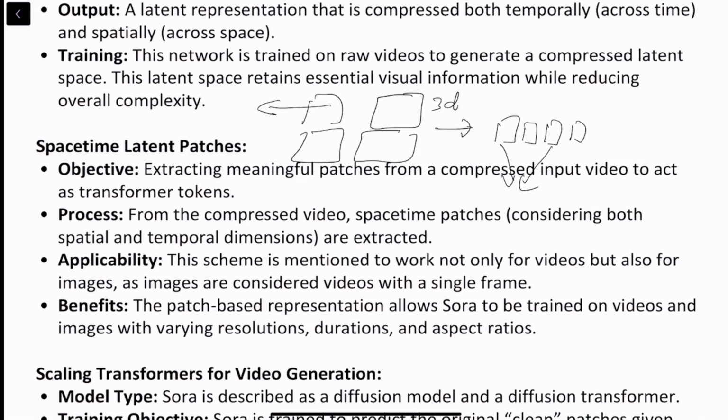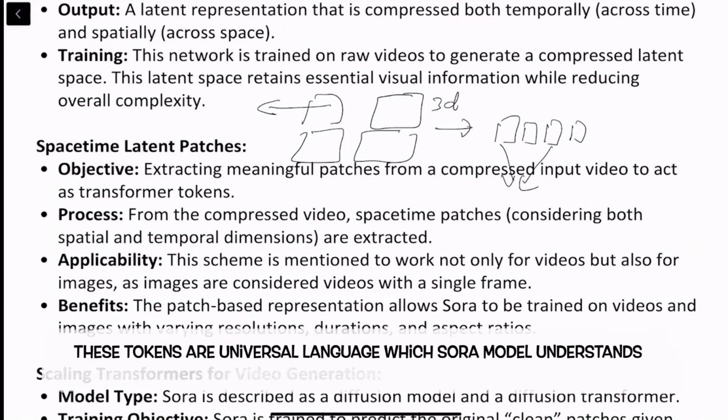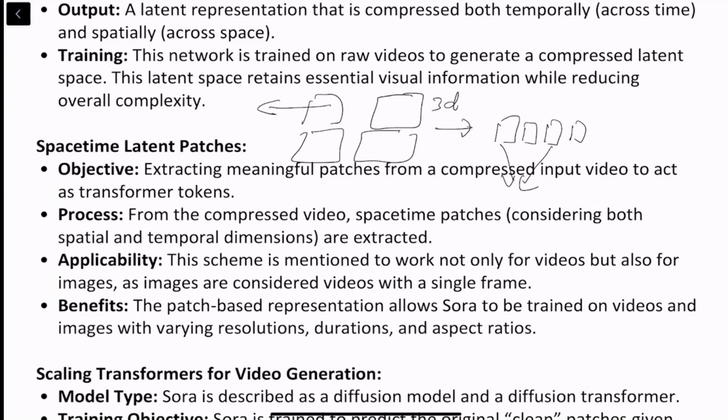These patches act like magical tokens, a universal language for Sora's visual understanding. The beauty here is that it doesn't just work for videos, it can extend its magic to images, because images are nothing but videos with a single frame. It's like having a versatile toolkit that can adapt to various mediums seamlessly.